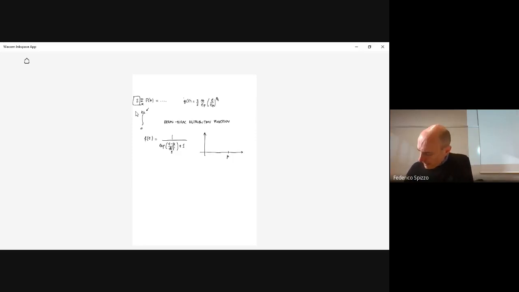What is the shape of this function? If we make a plot of F as a function of E, when T is equal to 0, so when the temperature is set to 0 Kelvin, the Fermi-Dirac distribution function is just a step function. It is 1 up to the chemical potential, and then the value drops to 0.